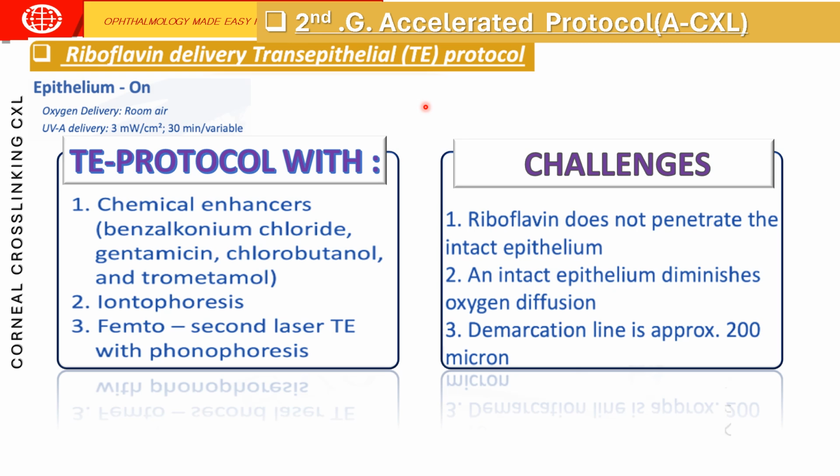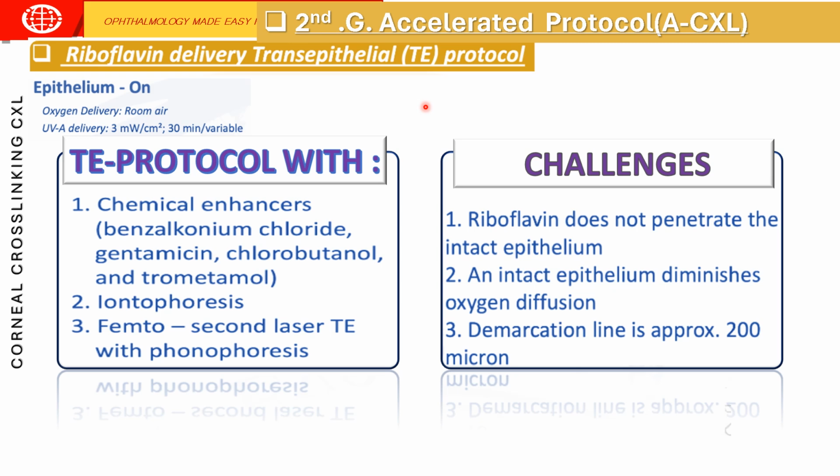Also, the duration of the procedure: you need 30 minutes of riboflavin application and another 30 minutes of ultraviolet, so a total of 1 hour for one eye. The removal of the epithelium also makes it challenging for doctors to do the procedure in the major theater because the risk of infection is there.